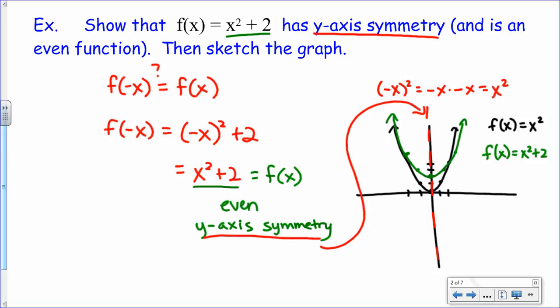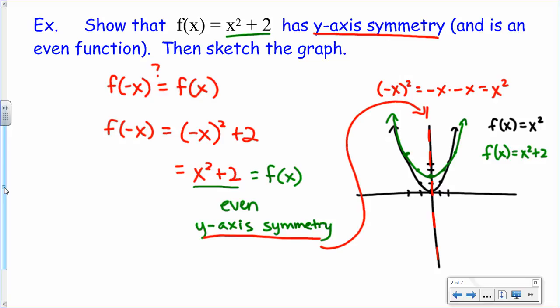If I were to fold over that line, then this would become just one graph. It would lay right on top of it. Does that make sense? The main thing is that you can test algebraically to see if it's even or odd, which we're going to do in a minute.